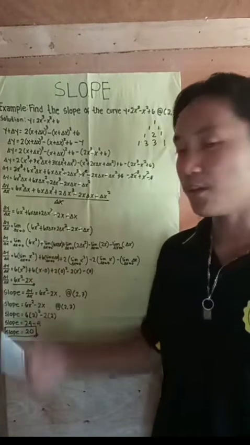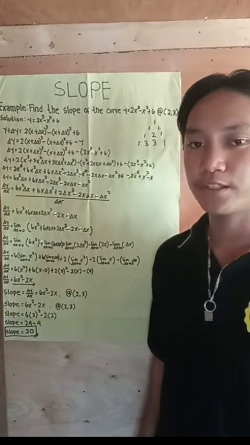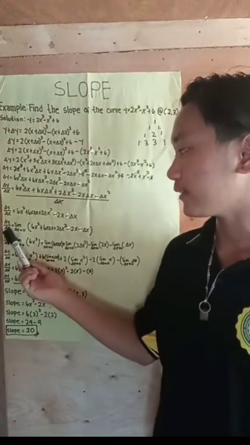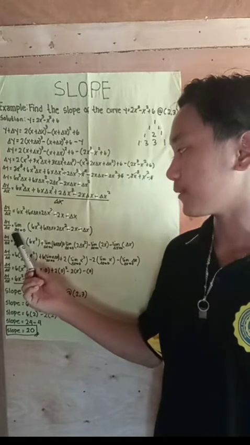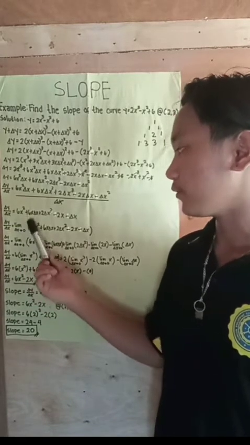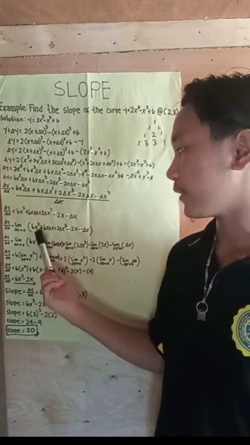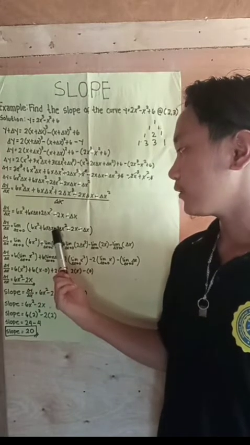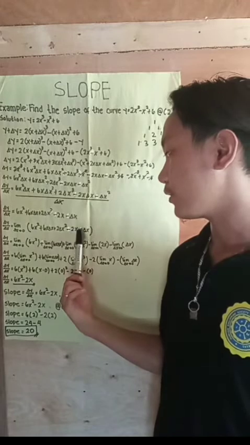Next, we need to determine the limit as delta x approaches 0. So delta y over delta x equals the limit as delta x approaches 0 of, we put in everything, 6x squared plus 6x delta x plus 2 delta x squared minus 2x minus delta x.